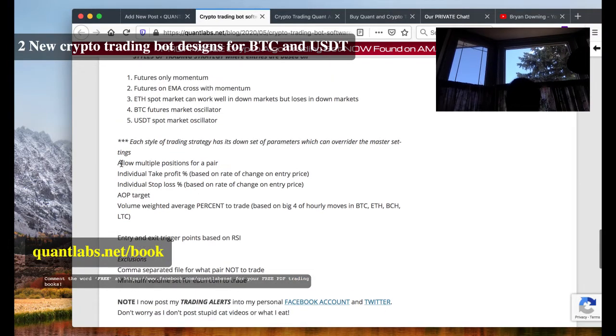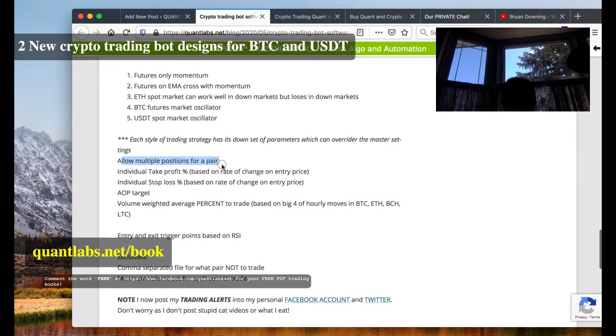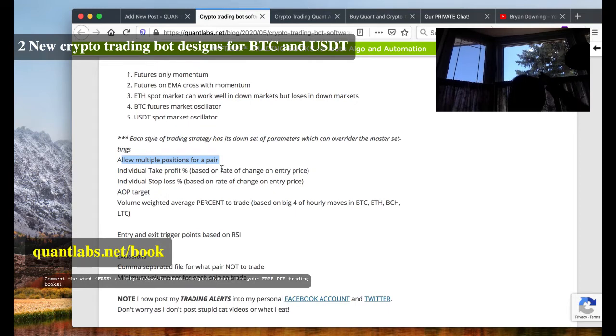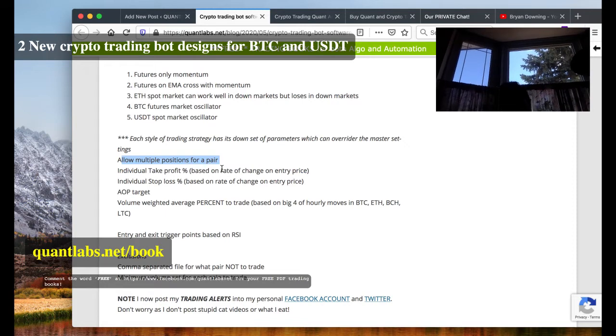Those include, for that particular style of strategy, will you allow multiple positions for a pair? This is really important because I will tell you, this time last year, people may think that I'm crazy to say this, but you can get 1% for a particular trading pair and a certain strategy style.